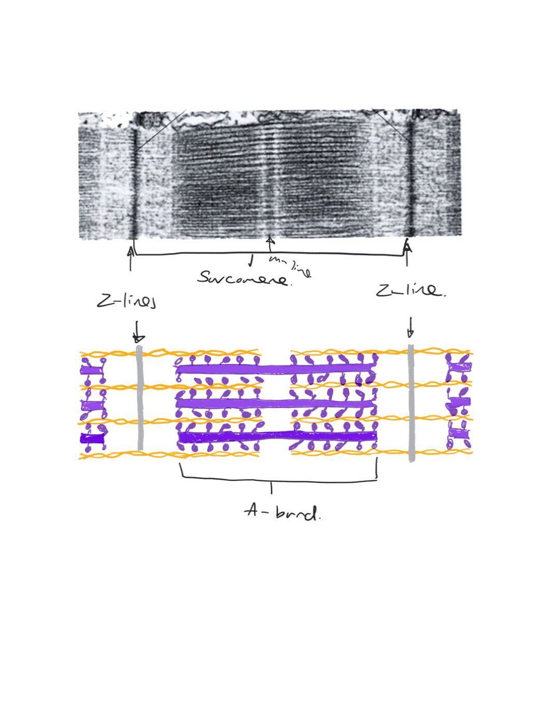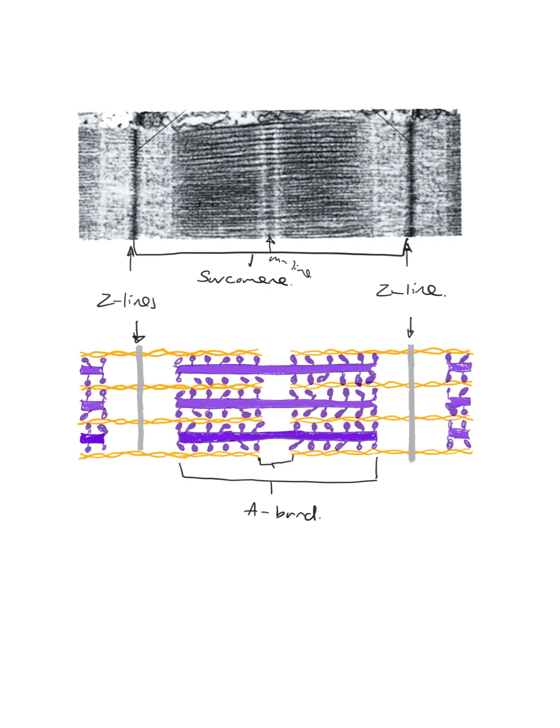Whereas if we look at the H zone, that is the area that is denoted, and the size of this will change. You can see that that is the area where you have only the thick myosin in that space.